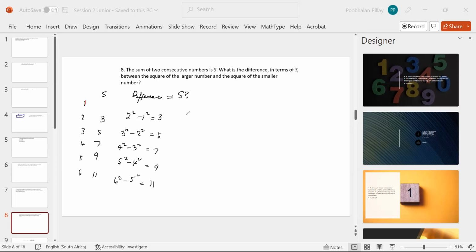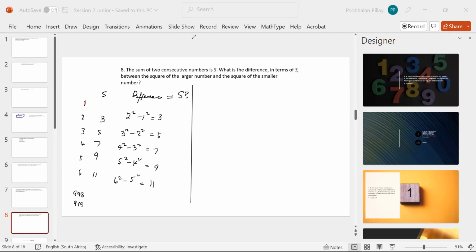Now, in these few examples, you saw that this is true, but you don't know whether it works when you're going up to 998, 999, and you square and subtract. You don't know whether you're going to get the sum. Right. So that is why we have to prove this in general. We don't know what the smaller number is and what the larger number is.